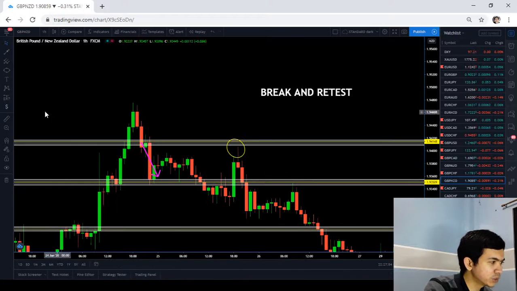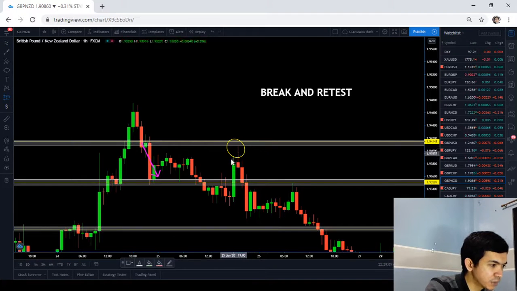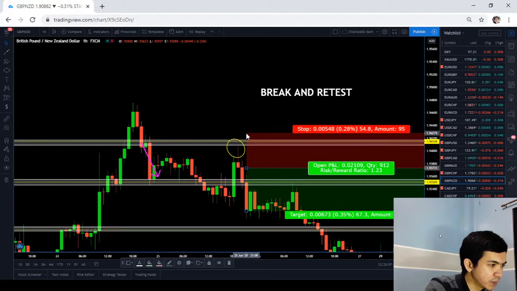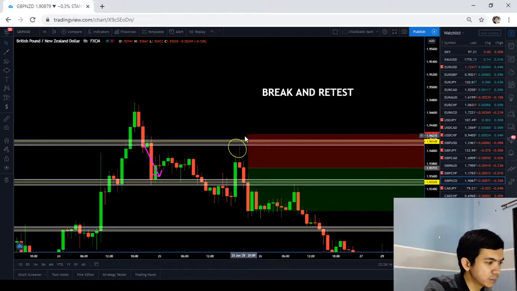But am I going to take the trade here? For example, I'm on a 1 hour time frame. For a short example, this candle already happened, retesting the level or zone. We can make our stop loss just above the structure.